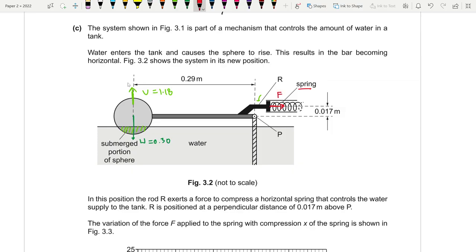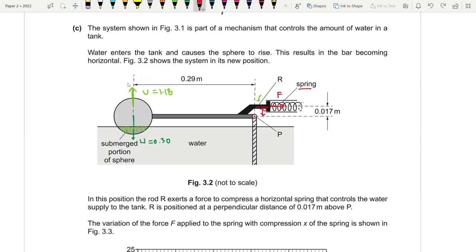Now according to the pivot, the distance between this force and the pivot is 0.017 meters, and it's perpendicular, right? So it's providing one kind of clockwise moment. This is also providing a clockwise moment. Those two clockwise moments are balancing out the anti-clockwise moment of the weight.